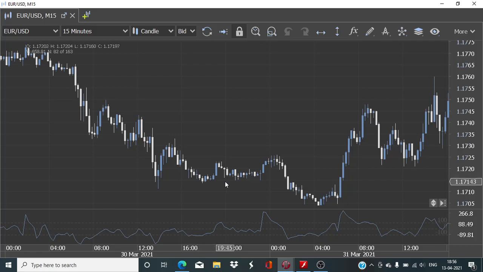So as you can see, there is not much of a momentum, and if you consider the price action over the last hour or an hour and a half, we don't really see much of a difference between the high and low. It is somewhere close to even less than 10 pips.